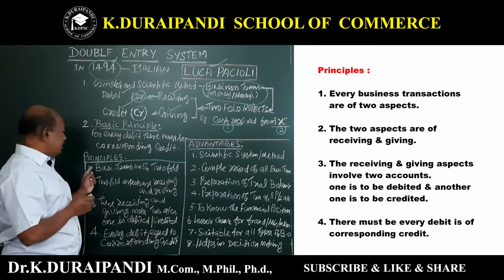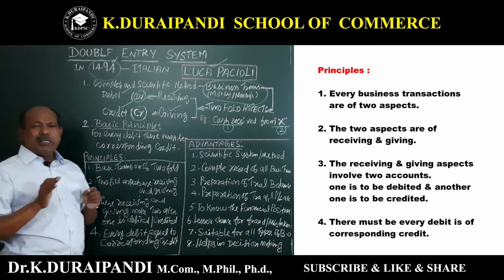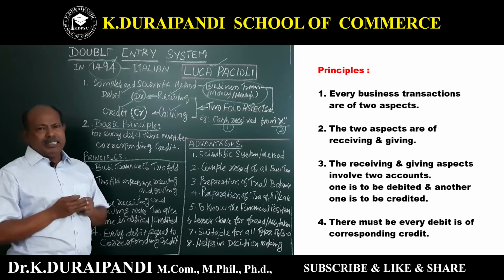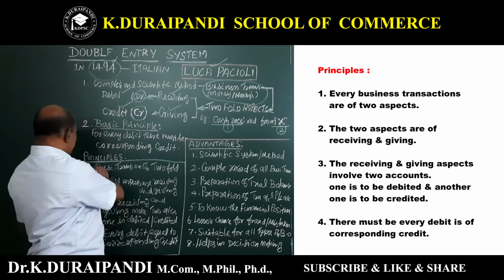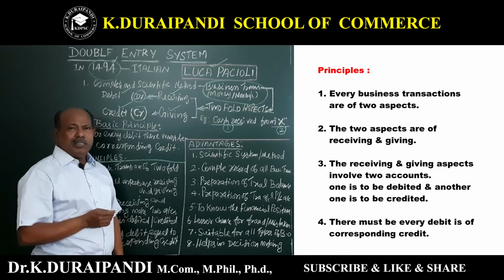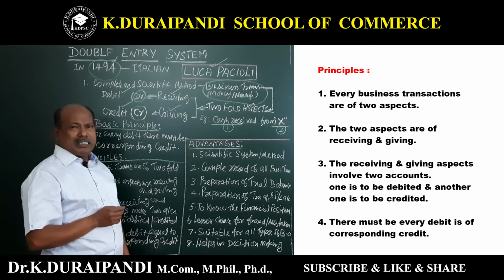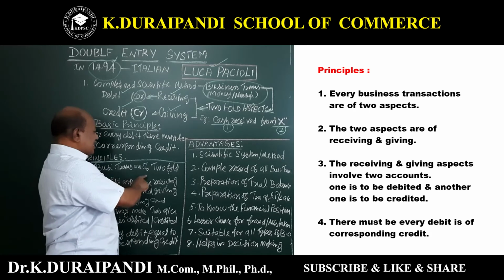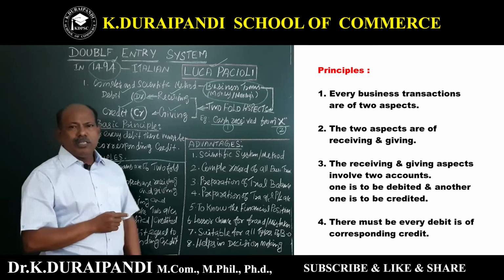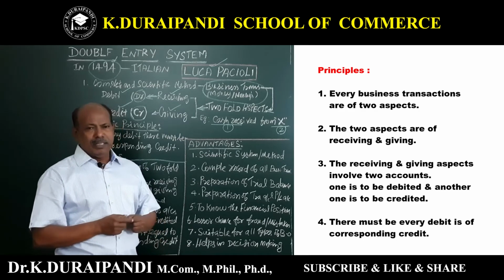Next, we have to see the various principles of double entry system. See one by one. The first principle of double entry bookkeeping system is that it records business transactions of twofold aspect.